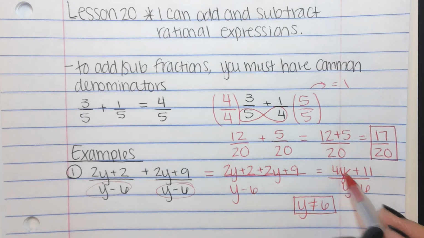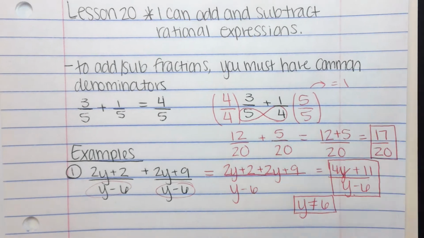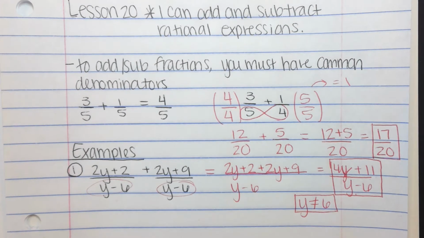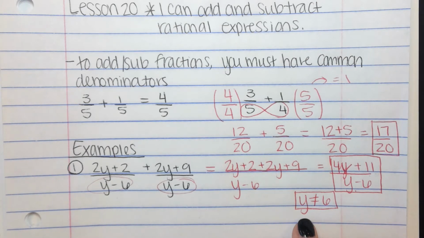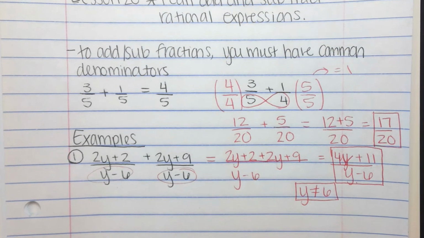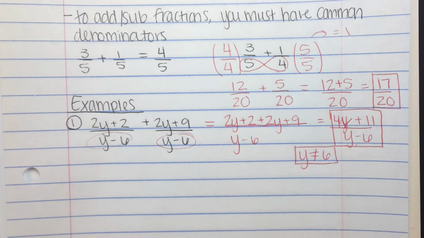There's only one y. If we tried to factor that, we couldn't, and there would be nothing we could do. So that is just going to be our simplified answer. So 4y plus 11 over y minus 6, and our restricted value is 6. So y cannot equal 6.